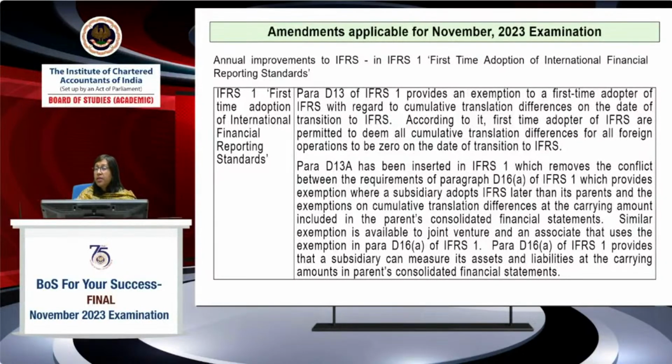However, if a subsidiary company later on adopts IFRS for the first time in its separate financial statements, then they were allowed to take the balance which was appearing in the consolidated balance sheet rather than assuming it as zero. So this option was given through an amendment in IFRS 1.